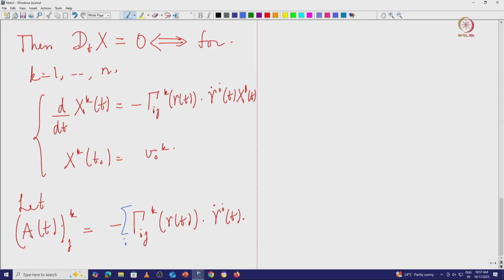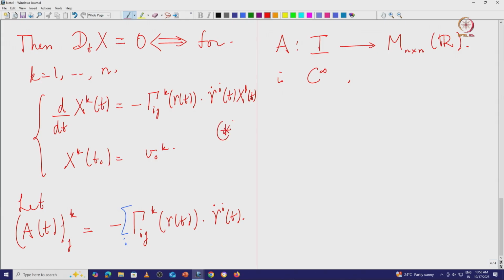So then clearly A is a function from the interval to the set of all n cross n matrices, and it's a smooth function.